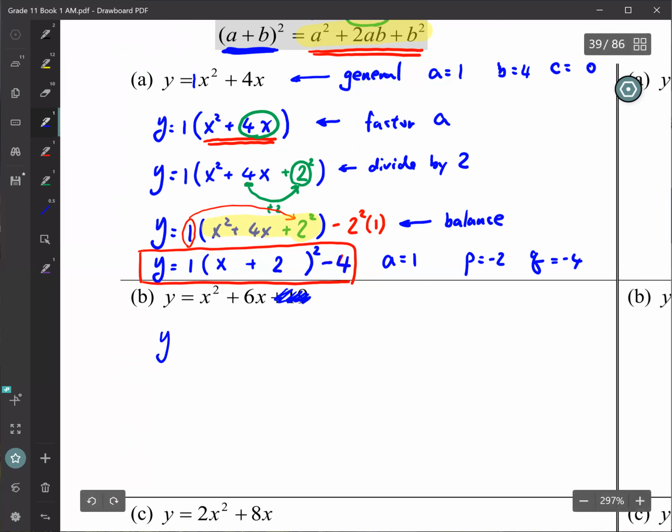So you complete the square: factor A, divide by 2, balance. Just do the first line. Do not turn it into brackets yet. Three steps in one line. When you finish that, you can raise your hand and I will check that. Pretend the 19 is not there for now, I'll tell you what to do with 19.